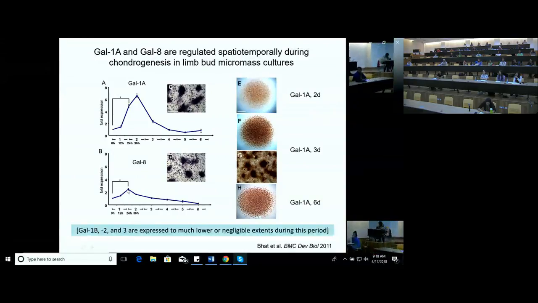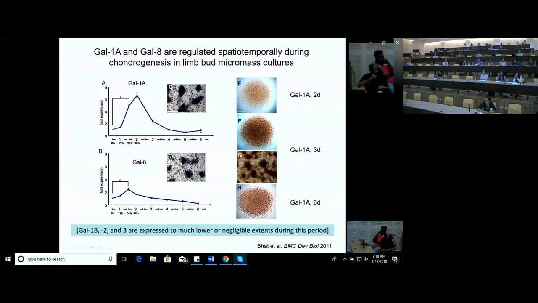And similarly with galectin 8, there is an upregulation during condensation. And here we're looking at 2 days, 3 days, 6 days during chondrogenesis in culture. And this is a lower magnification than this, but you see these nodular sites.